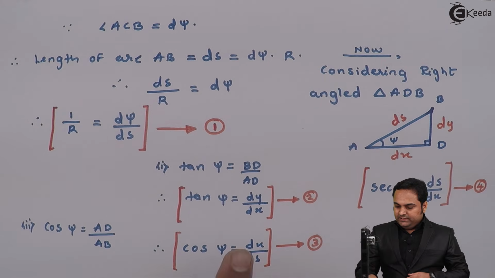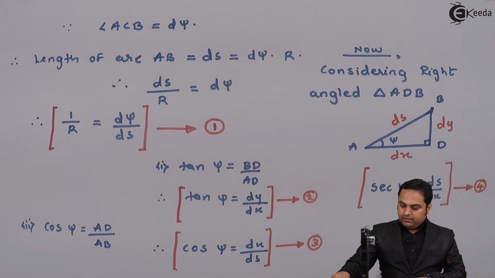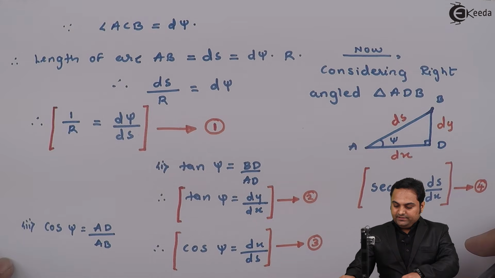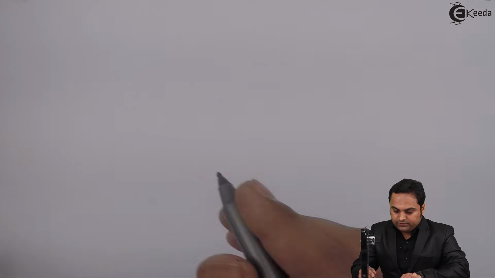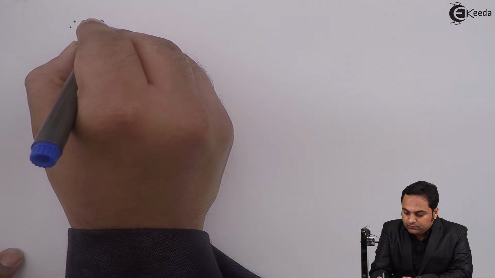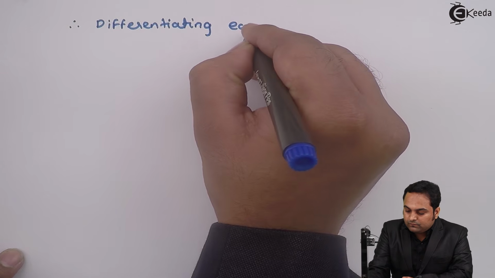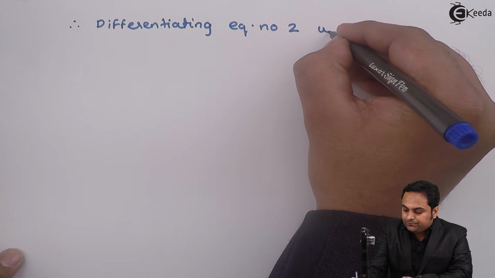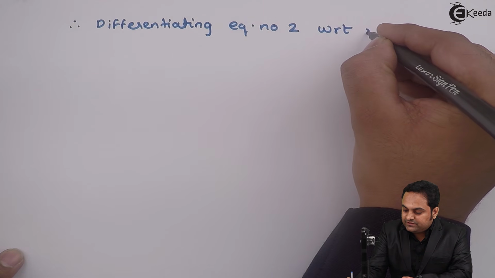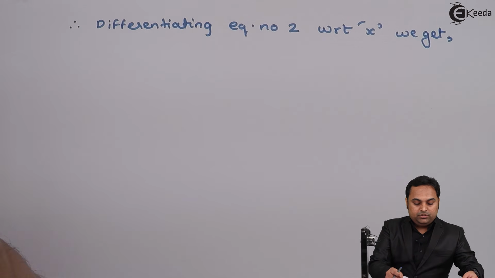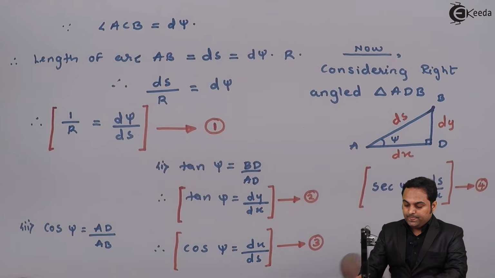So now, once I have written all the formulae, all the relations here, I am going to differentiate equation number 2. Therefore, differentiating equation number second with respect to x, we get, now here we have in equation second tan psi.